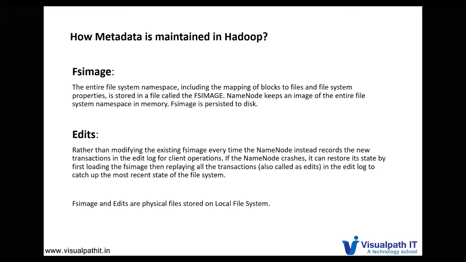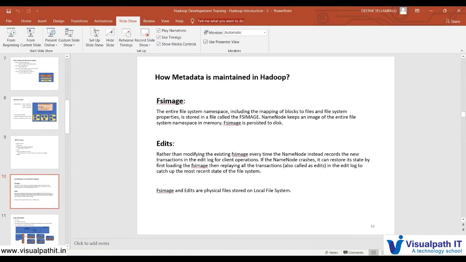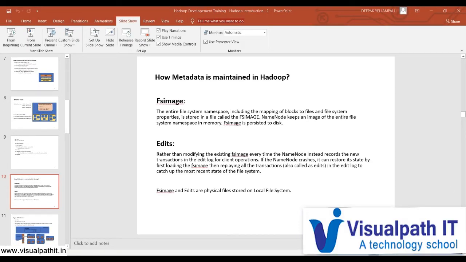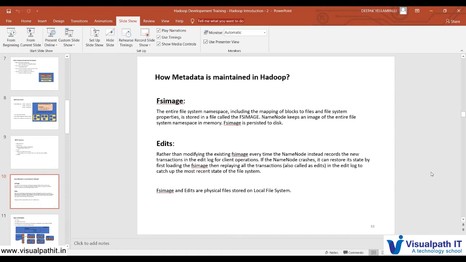A record will be created, like an audit. I can say a log file will be generated, stored in a file called edits. Each and every transaction record is stored in a file called edits.